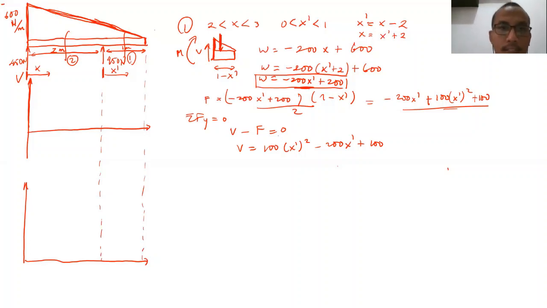Now let's do the moment equation. Sigma moment from the left side equal to 0.